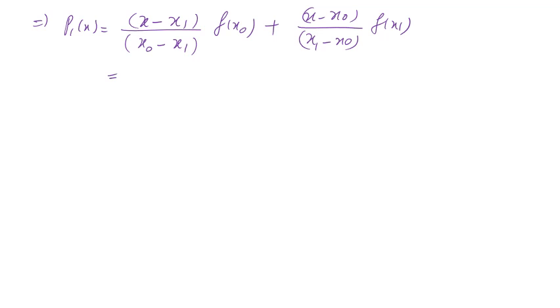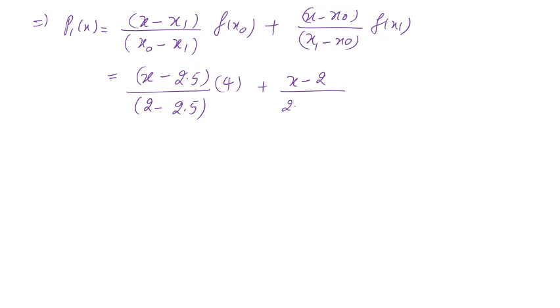So substitute all the values: (x minus 2.5) by (2 minus 2.5), times f(x0), which is 4, plus (x minus x0) by (x1 minus x0), times f(x1), which is 5.5. After simplifying you will get P1(x), the linear polynomial, equal to 3x minus 2. This is Lagrange's interpolation.